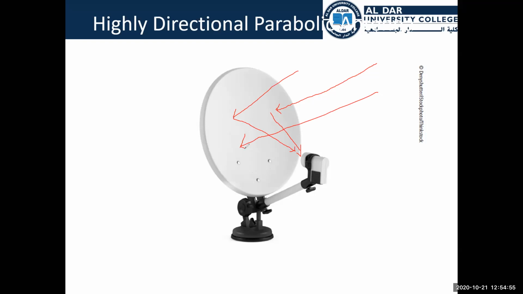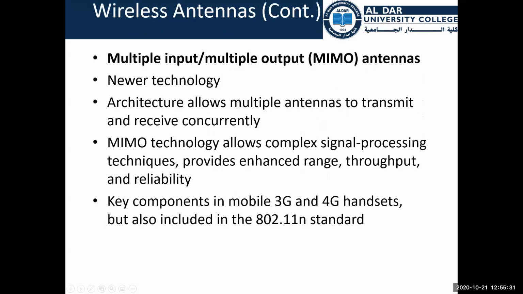This is the design of the parabolic dish: to have all the bounces come to one point. So the signal comes very strong, because it is gathered from all directions, and it can be transferred to the television to display the multimedia. And that's the highly directional antenna.